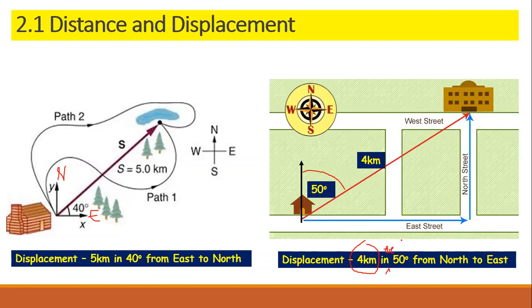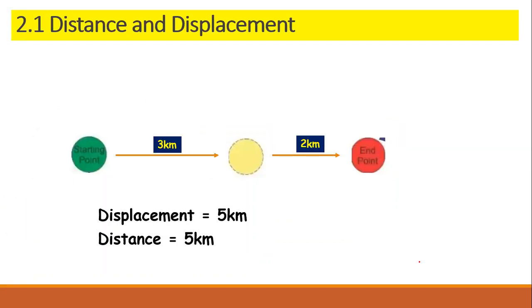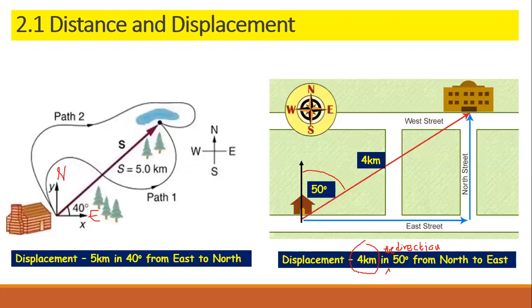It's better if we write it here, in the direction of. Yeah, in this way. And next. That is the normal way to tell the distance and displacement.